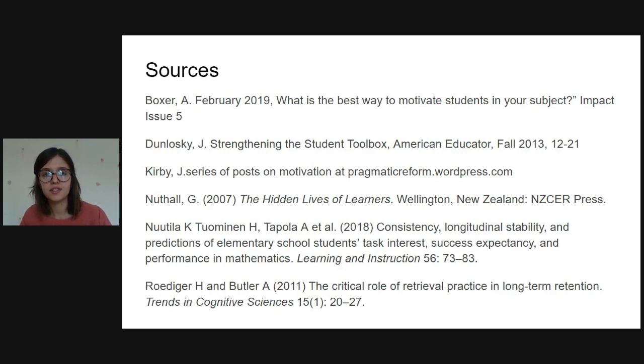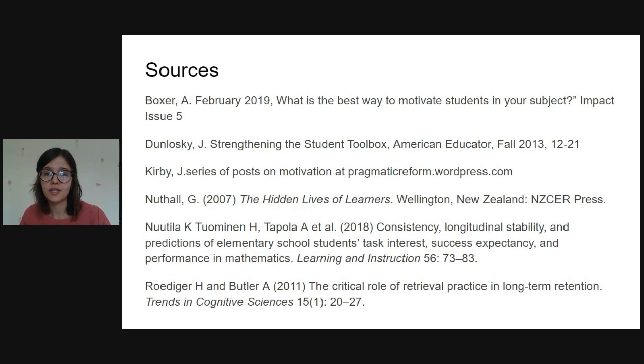If you're thinking about different levels of cognitive load for students and tasks, the Dunlosky Strengthening the Student Toolkit, most commonly used for revision, but thinking about in-class tasks too. Joe Kirby did a whole series of blog posts on motivation back in 2014. They're really good, and talk about quite a few of the studies that I have referenced.